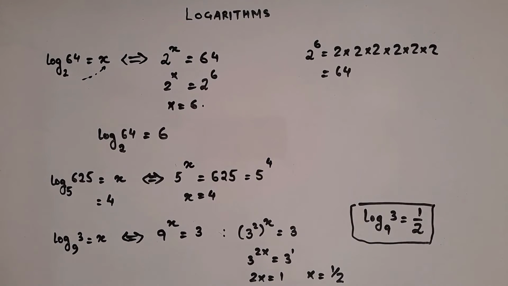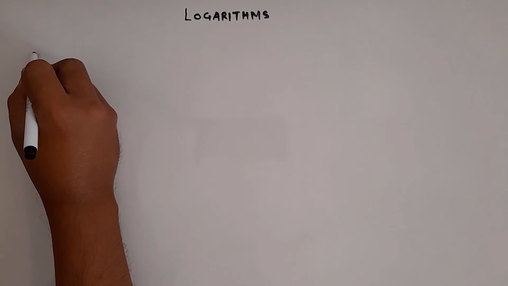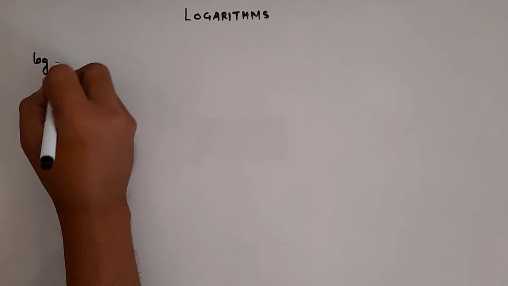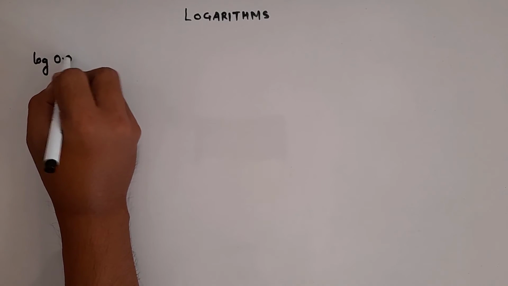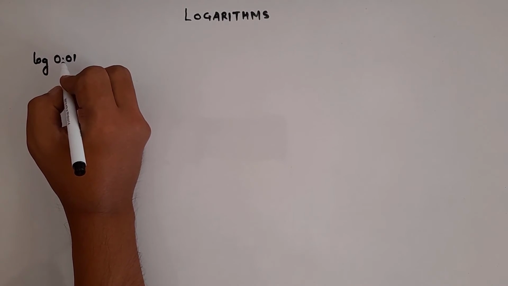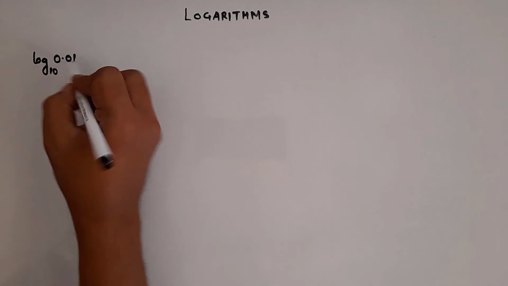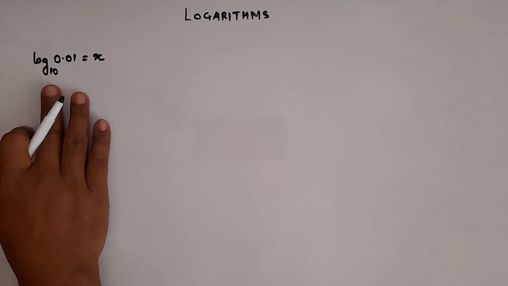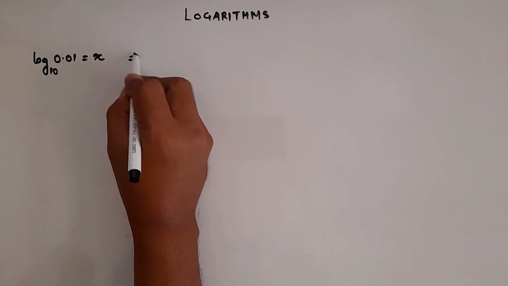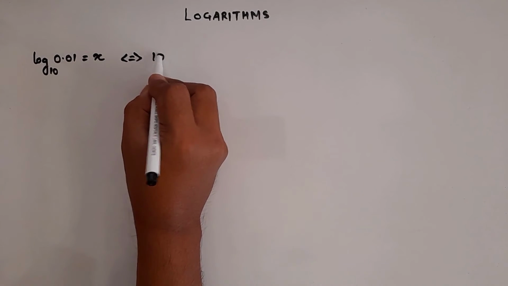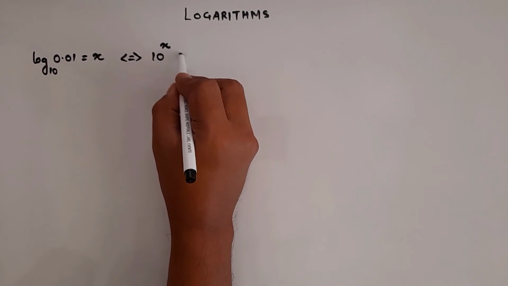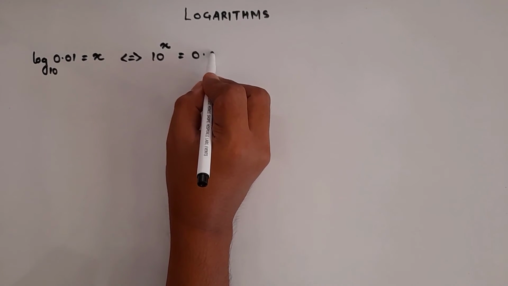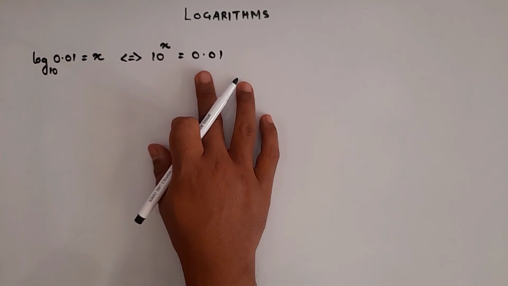Let us look at a few more problems. So we have the logarithm of 0.01 to the base of 10. Let's try to figure out the value of this particular logarithm. So we have 10 raised to the power of x equals 0.01. Now what is 0.01?